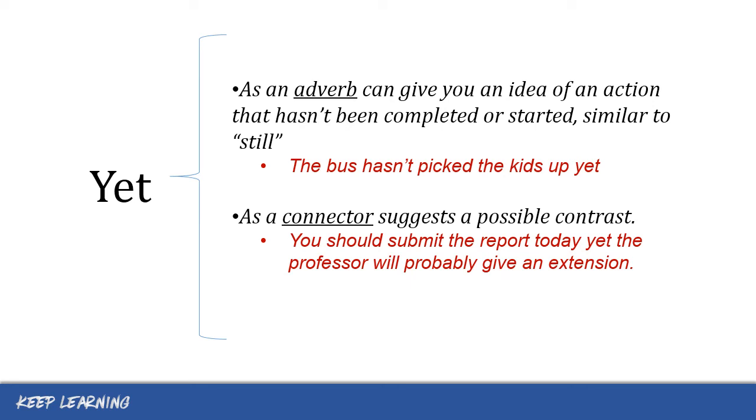So it gives you like hope, it opens a door. This is the situation, yet it may change. Things might be different. I don't know, there is a possibility. So aunque, that's what yet would mean as a connector.